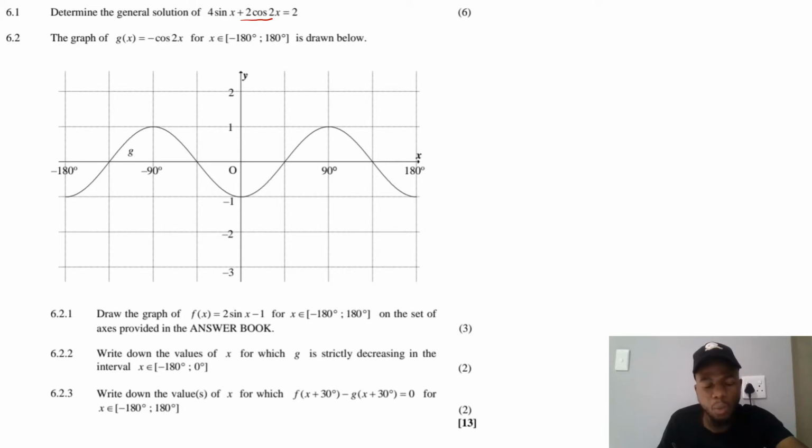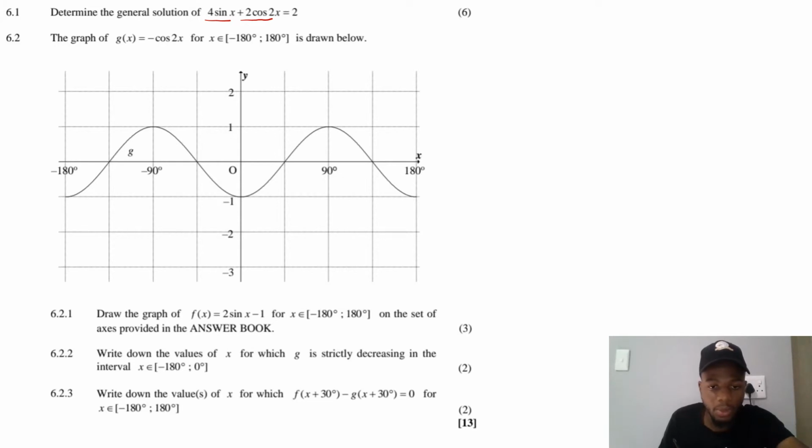So how are we going to know in which way to change it? Because here we have 4 sin x, this tells us that we have to change this cos 2x in terms of sine. If it was 4 cos x that I was having, it would mean that I was going to change cos 2x in terms of cos.